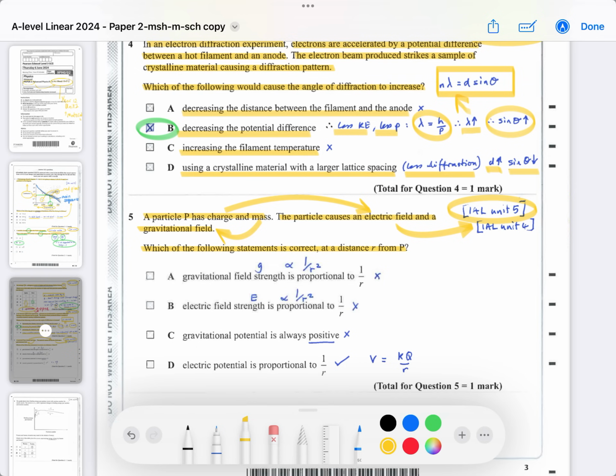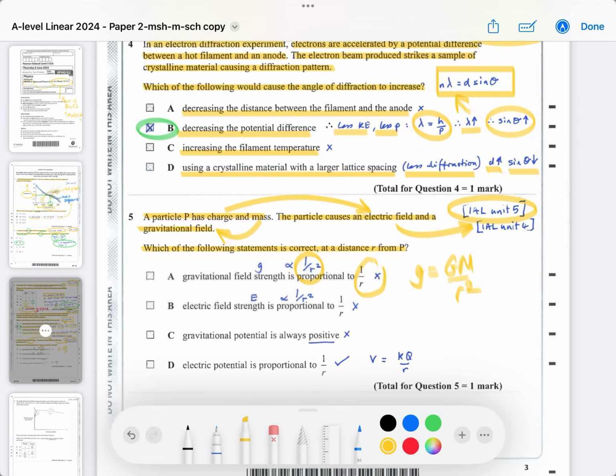The gravitational field strength is proportional to 1 over r. Field strength has an equation which is proportional to 1 over r squared. You can find the equations for electric field strength or gravitational field strength in the back. For example, g is equal to Gm over r squared. So it's not to do with 1 over r.